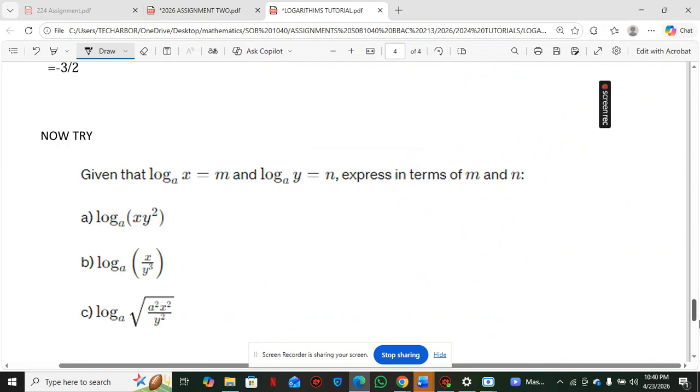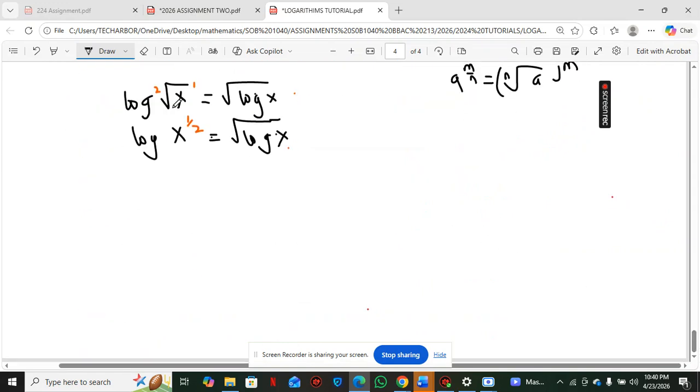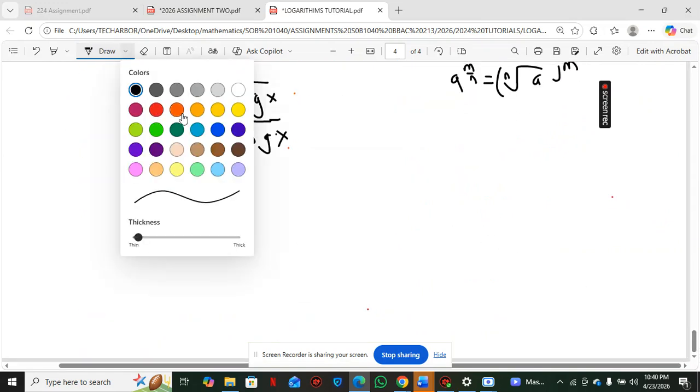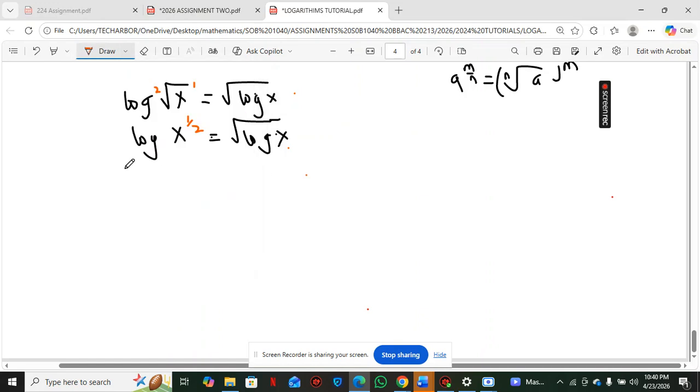Similar with this question, this half is going to come in front here. So put it like this: half log x equals square root of log x.